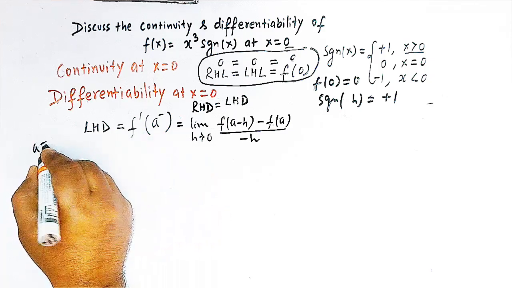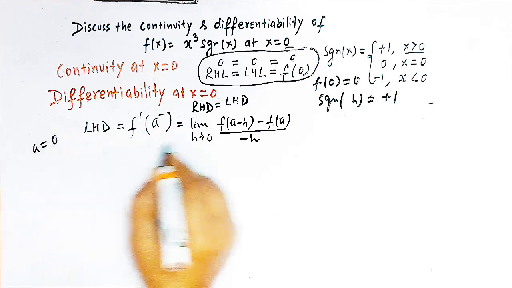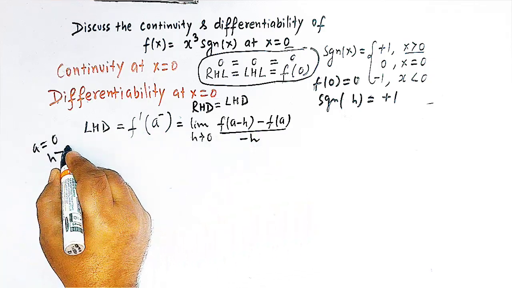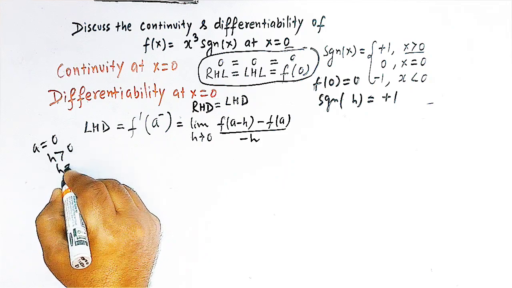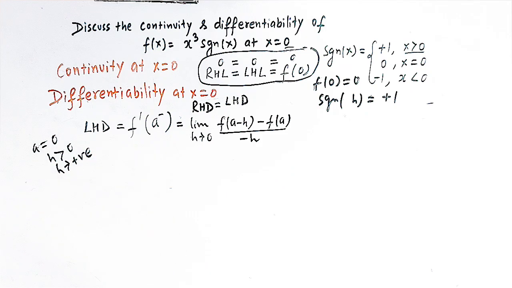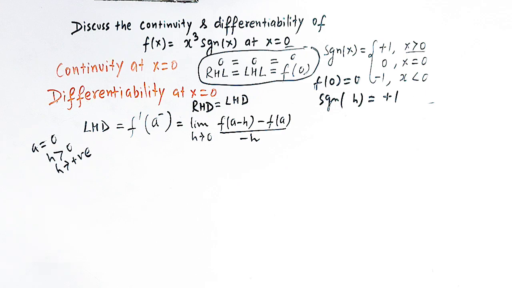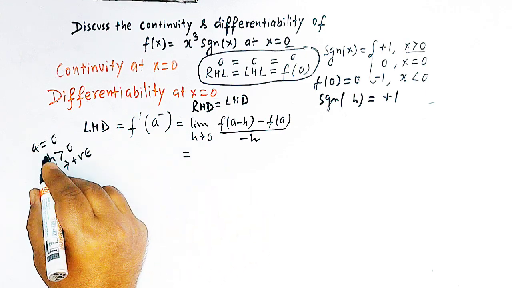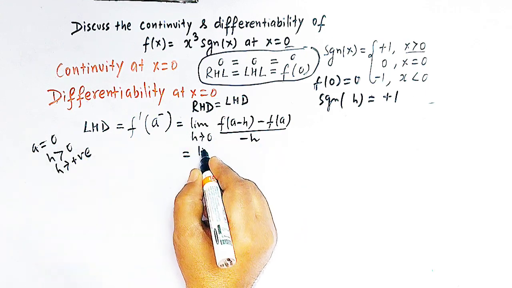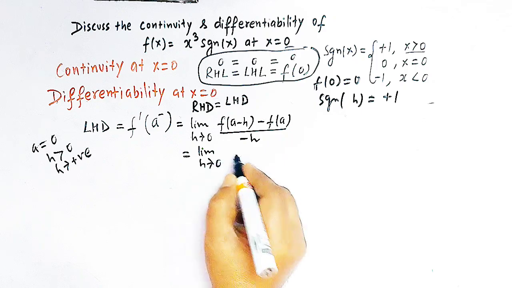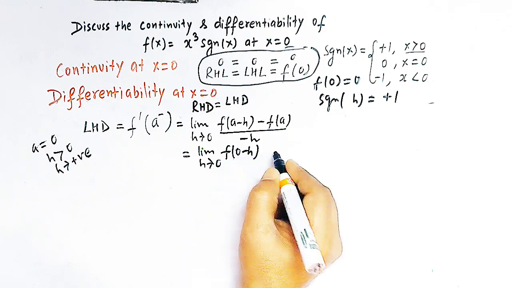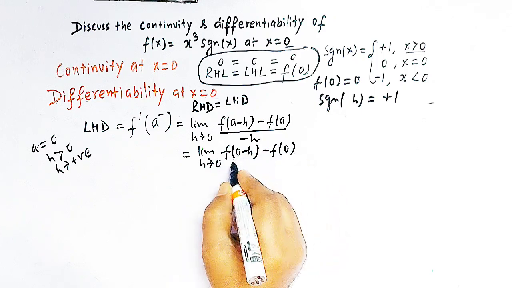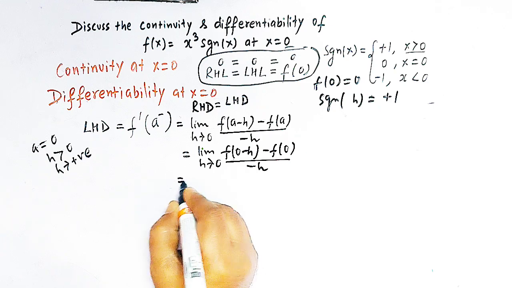Here our a is 0, and this quantity h is greater than 0, or positive. So now taking a is equal to 0, we have limit h tends to 0, f of 0 minus h minus f of 0 divided by minus h.